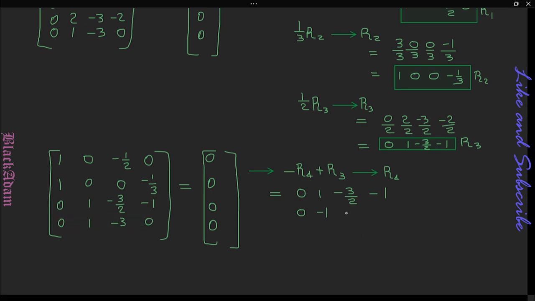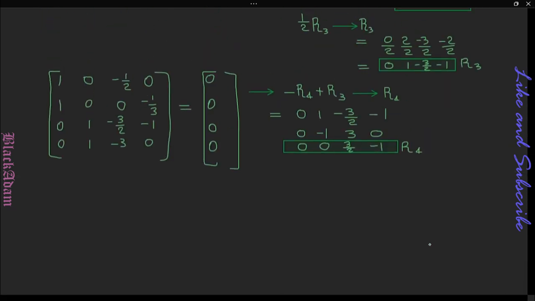So that's going to be 0, 1, negative 3 over 2, negative 1, and then 0, negative 1, 0, 1, negative 3, and then that gives us the answer, which is 0, 0, 3 over 2 and then negative 1.